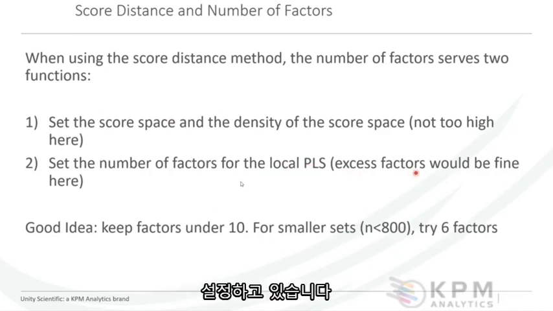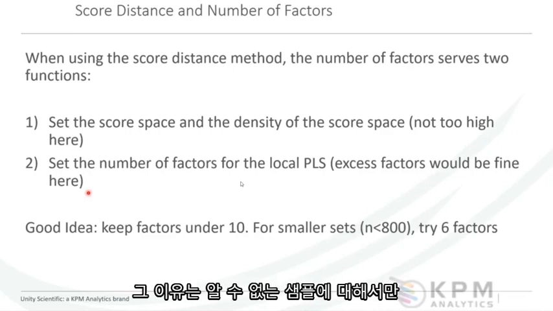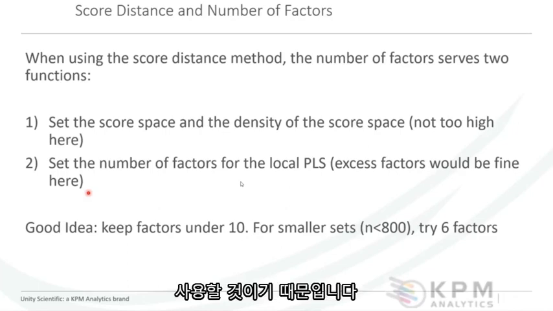We're also setting the number of factors for the local PLS calibration that we're making. And here, in contrast to everything we've told you before in the course, excess factors really don't have that much of an effect. The reason is that we are working within a closed system. So overfitting is not as much of a concern because we're only going to use this calibration locally for this one unknown sample, then we're going to throw it away.